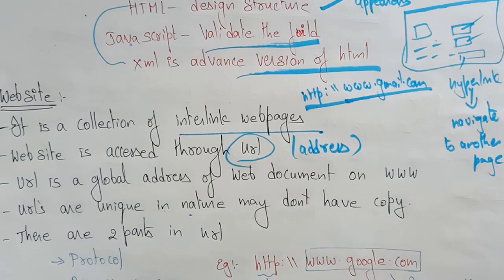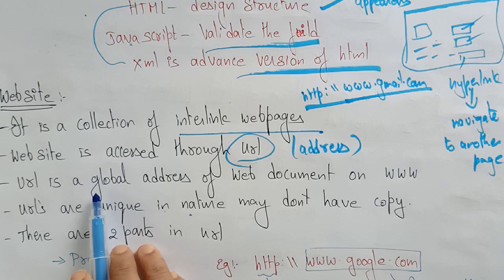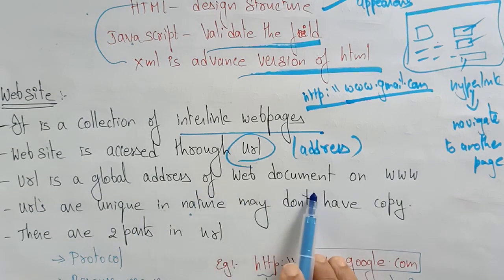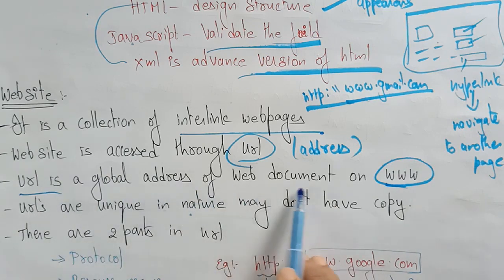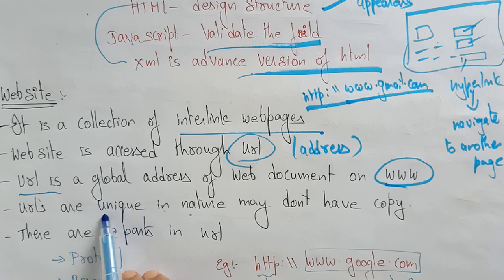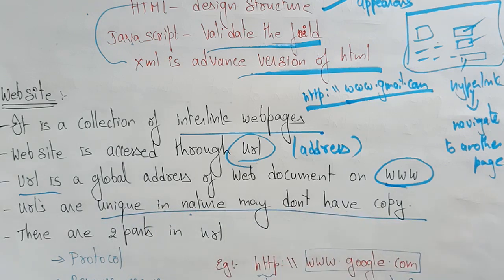Uniform Resource Locator. URL is a global address of web documents on the World Wide Web. The URLs are unique in nature and don't have a copy. Obviously, because if I want to access a particular website, that should be unique.